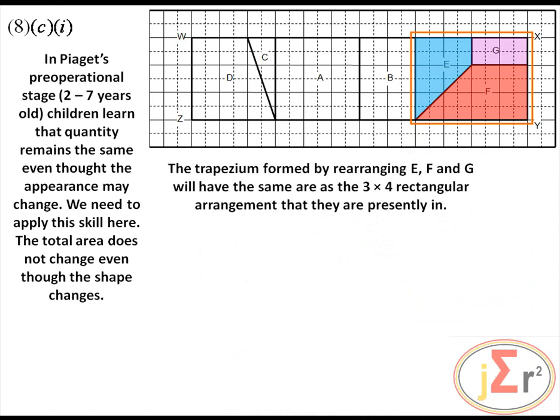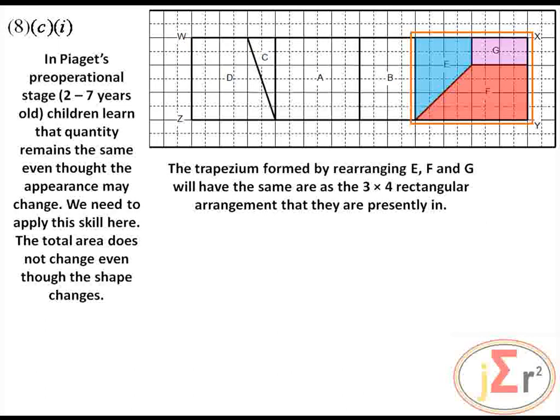In Piaget's pre-operational stage, 2 to 7 years old, children learn that quantity remains the same even though the appearance may change. We need to apply this skill here, which is of course the skill that is required of a 2 to 7 year old.